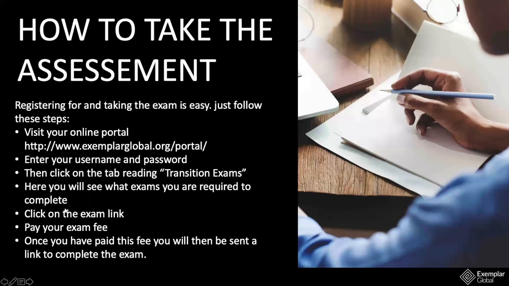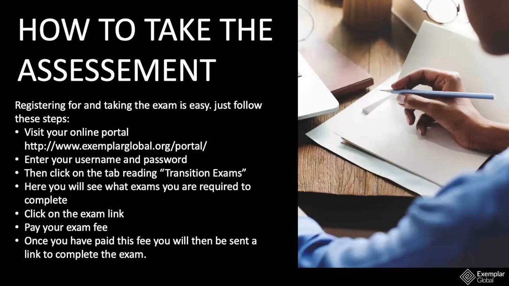I also want to take a moment to let you know how you take these assessments. You probably have heard me say this before in previous training sessions, but to reiterate, the process is quite simple. You just visit the Exemplar Global website, click on the login button in the upper right-hand corner. That will take you to your online portal. You enter your username and password. If you've forgotten your password, just click on the reset password link.